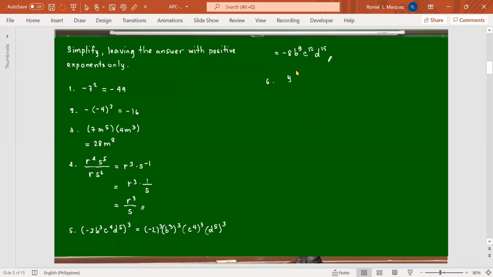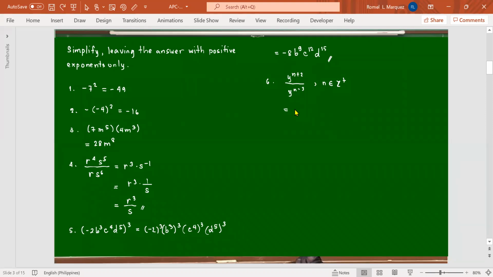So number 6. If we have y to the n plus 2 all over y to the n minus 3, we assume that n is a positive integer. Okay, let's assume that. Here, same base, quotient, so we get the difference between their exponents.